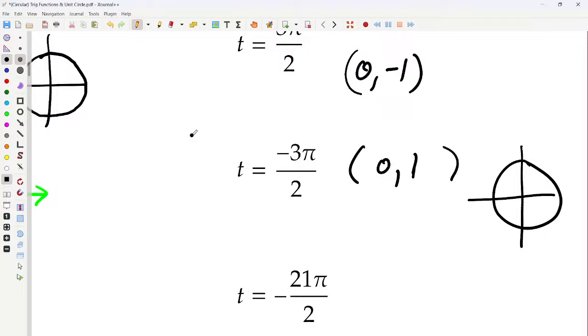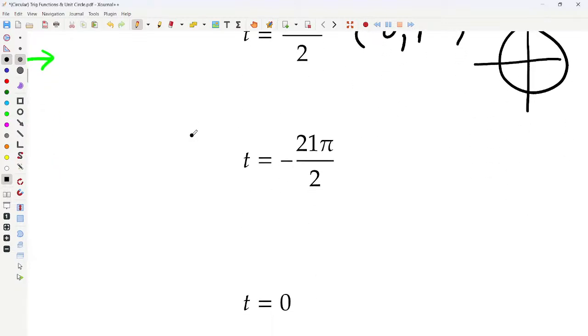Calzone, cut in half, open clockwise. -1, -2, -3. -21 over 2.